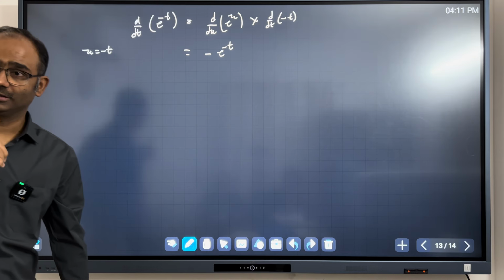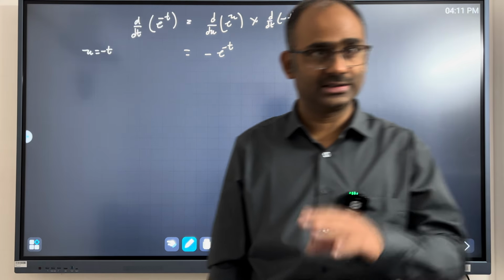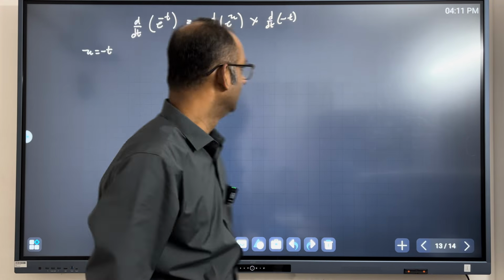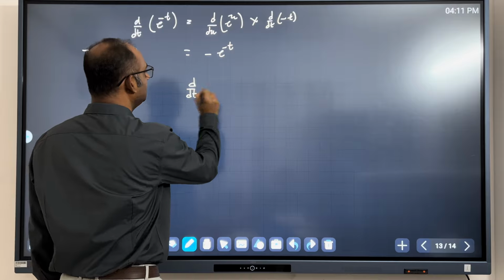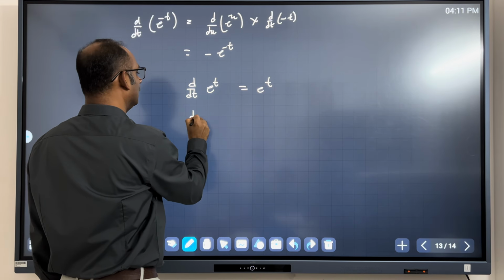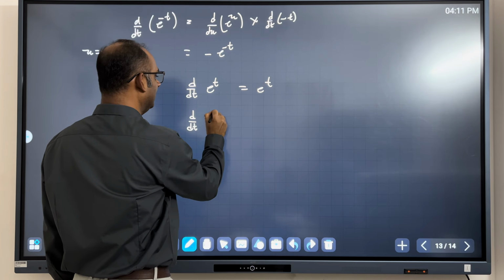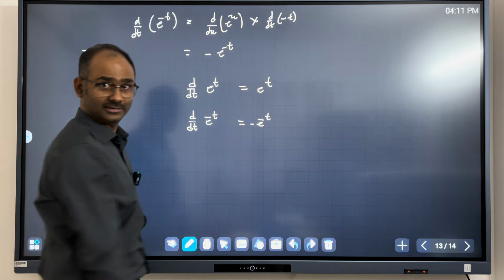We have to remember this one because when we start talking about capacitors charging and discharging, this function will appear. So I'll put d over dt of e to the t is e to the t, d over dt of e to the minus t is e to the minus t times minus 1.